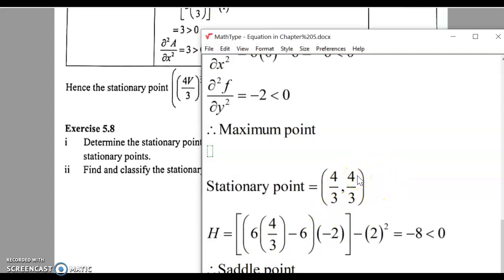So what is a saddle point again? Saddle point is the opposite of turning point, right? Saddle point, let's say if a graph comes from the bottom going upward, when it reaches this point it will lay flat, right? Because slope equal to 0, right?